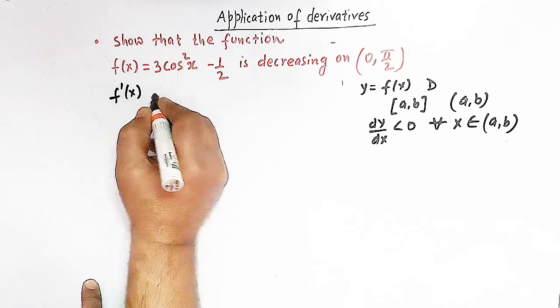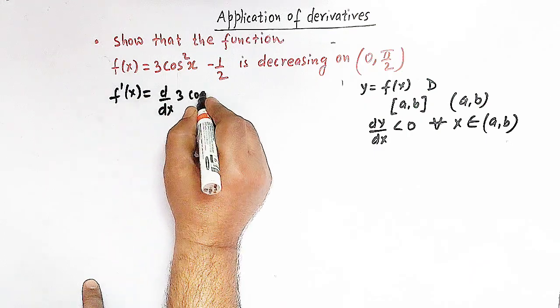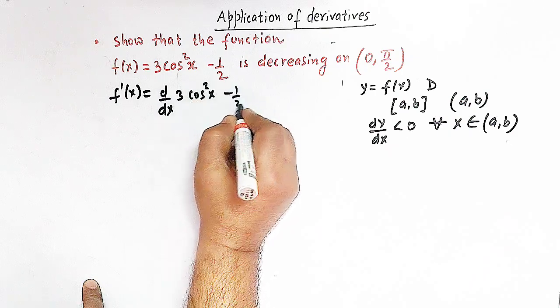So f prime of x is given by d by dx of 3 times cos square x minus half.